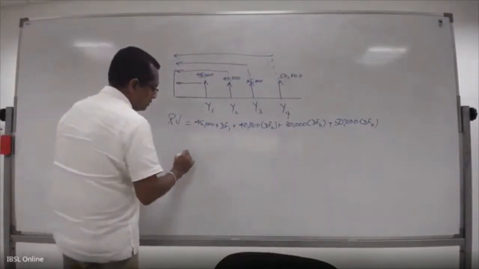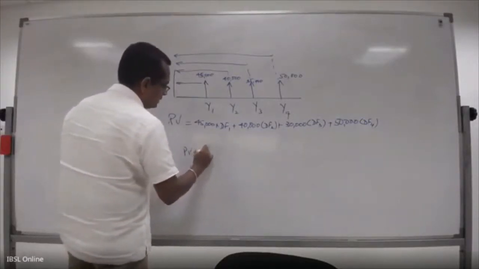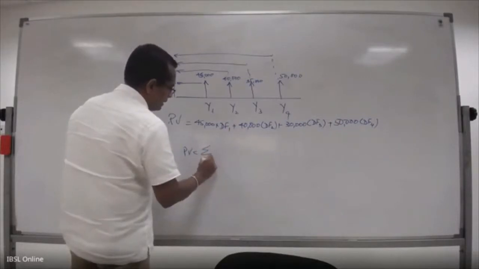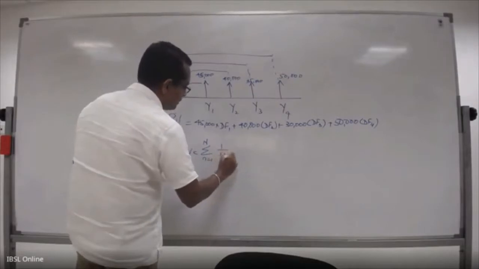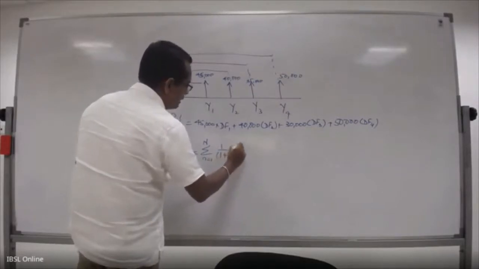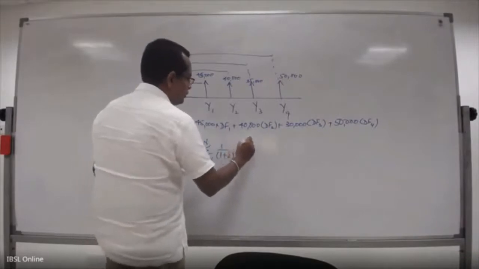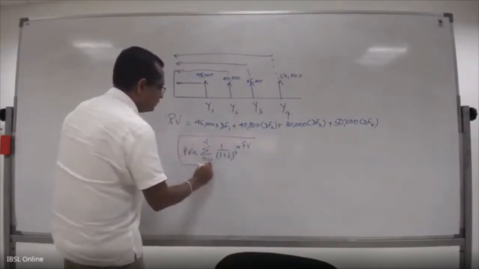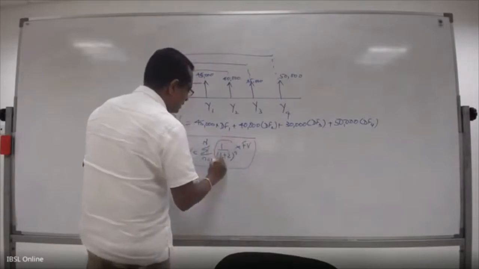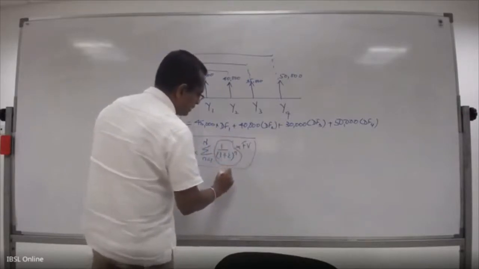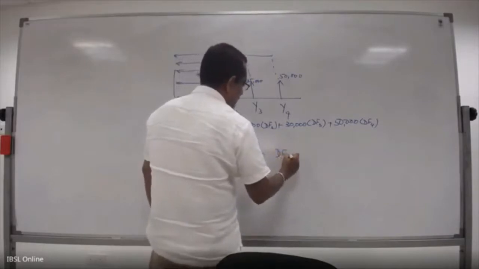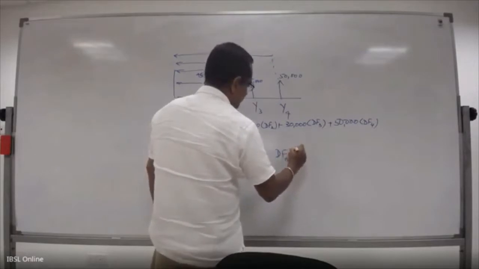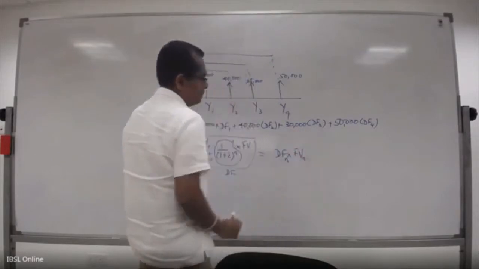Present value equals sigma n equals 1 to capital N, 1 divided by 1 plus I to the power n into future value. This is the thing called discounting factor. We can write discounting factor n into future value n. Okay.